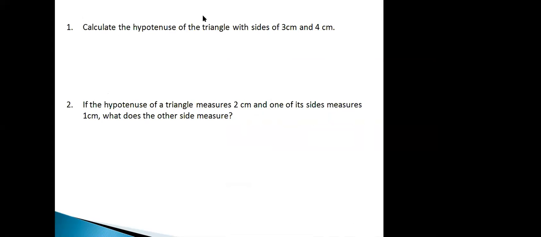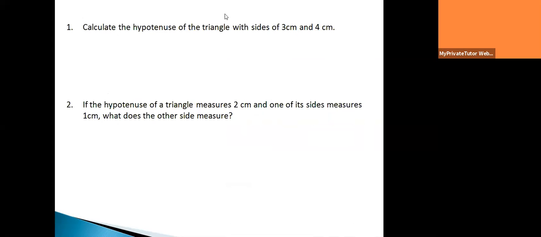Please try these questions, if possible. Calculate the hypotenuse side of a triangle with the sides given. We need to find the longest side here, guys. What is the longest side here?